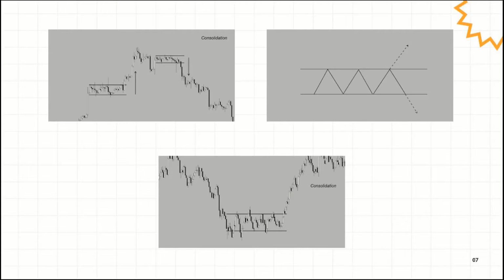Not difficult at all. That's how a breakout occurs. It can be above or below once you understand the characteristics of a consolidation or a sideways market.